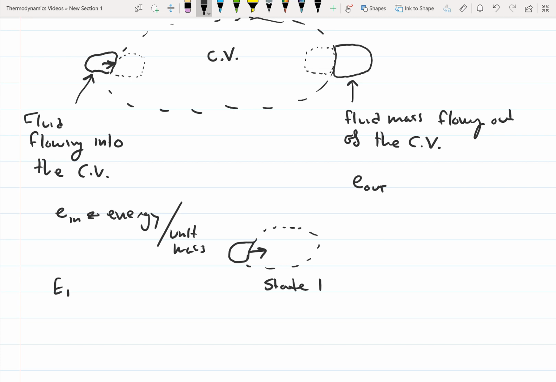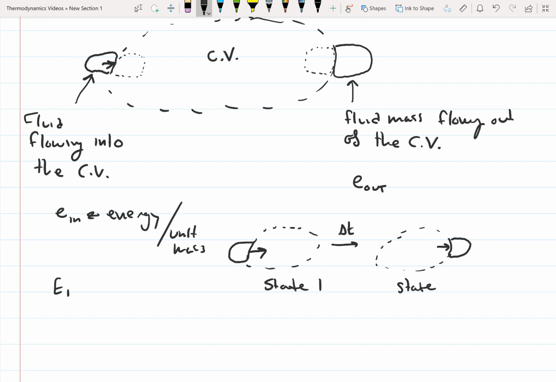And then we have our process or whatever is going on, and at state 2, so this is a change in time, so I'm going to specify this as delta t, and we have state 2, and at state 2 the mass is flowing out of the control volume.